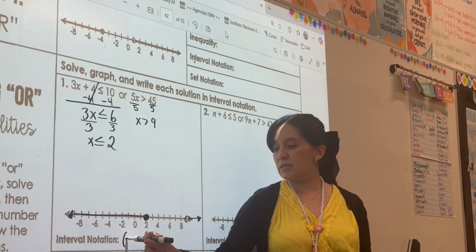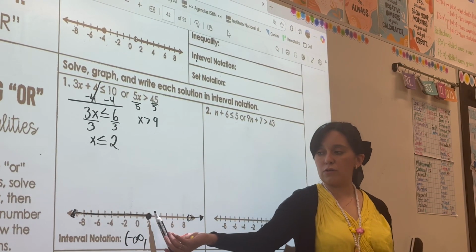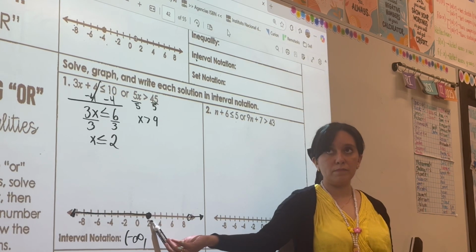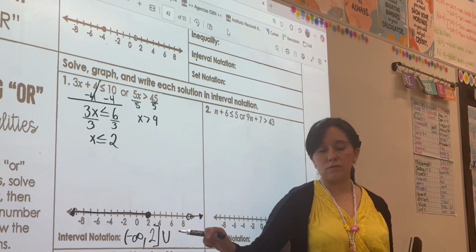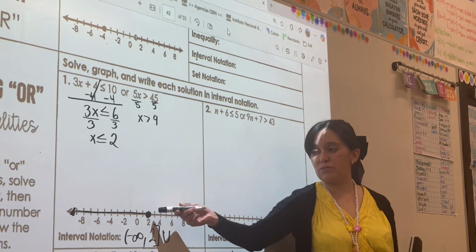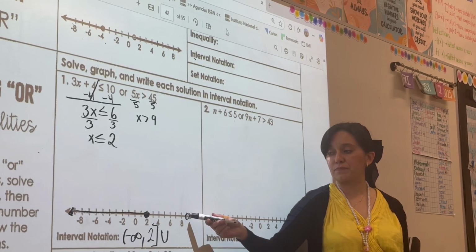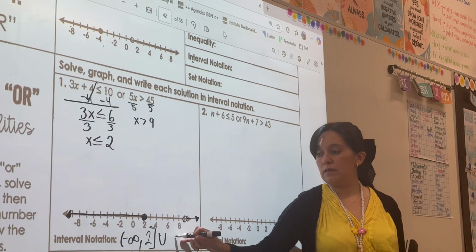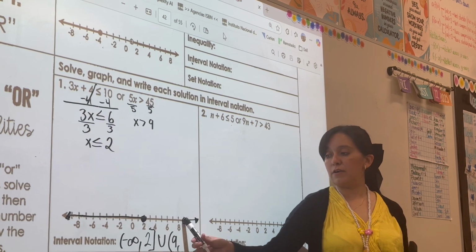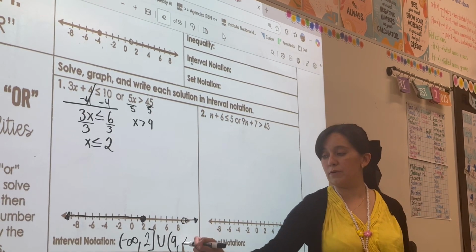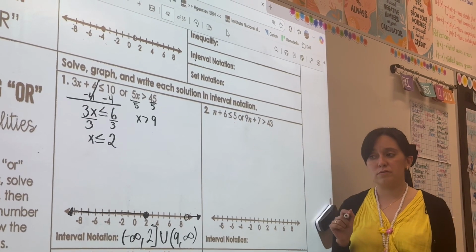So parenthesis, negative infinity, comma, and I continue until this point, that is 2, bracket, union, because I have to jump here. Then I start again at 9 with a parenthesis because it's an open circle, comma, and I continue until positive infinity, and infinities always go with parentheses. Guys, questions?